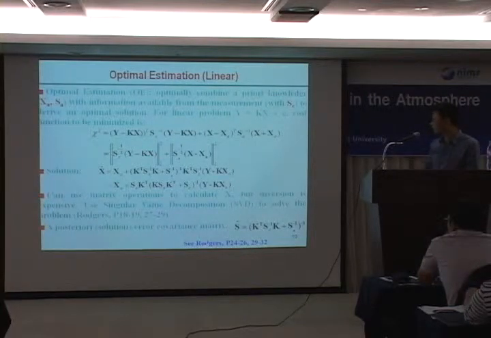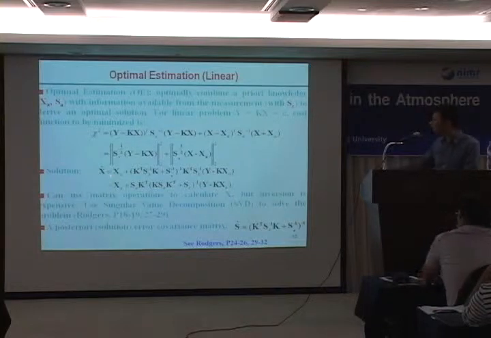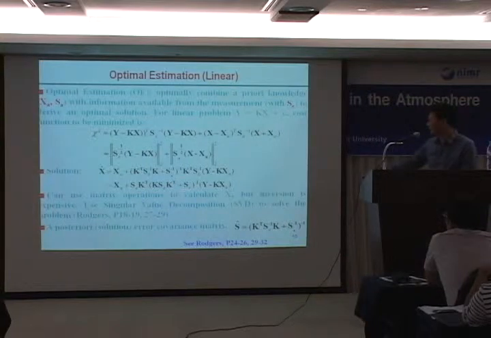If you go to the Rodgers book, you can derive a solution just based on probability theory. This is the solution to that. In this equation, everything is known. We can solve the problem just using matrix operations in IDL or MATLAB. But in practice, it's computationally expensive, especially to solve the inversion of this matrix.